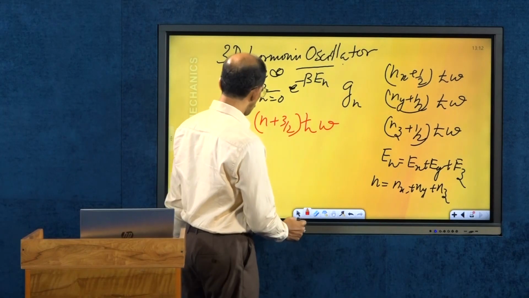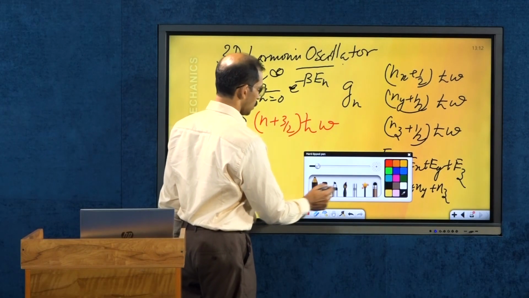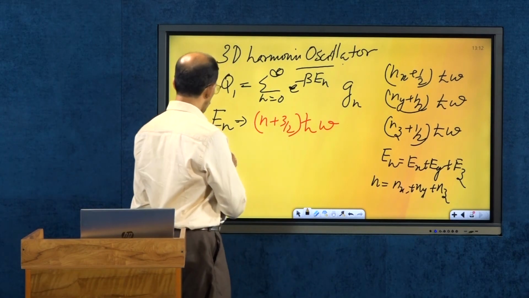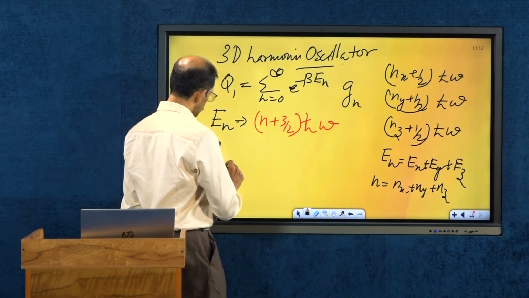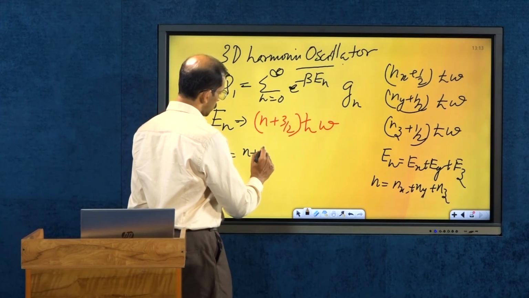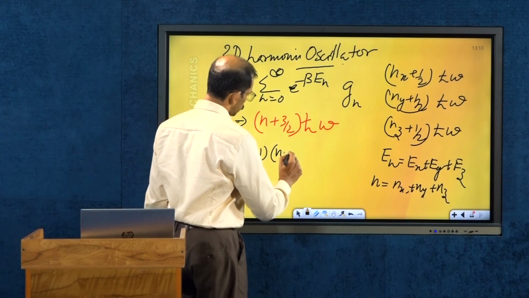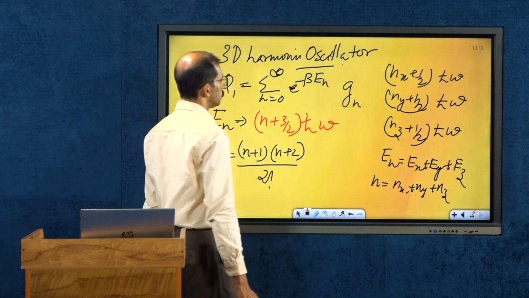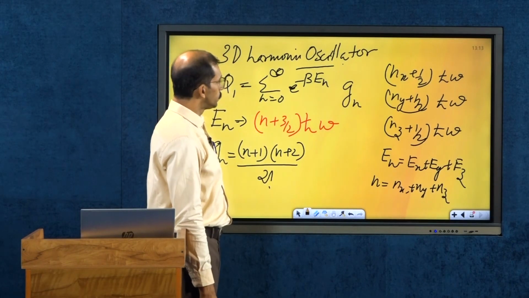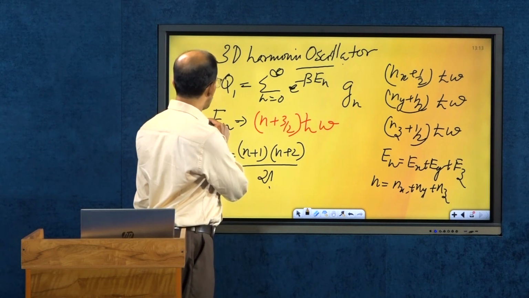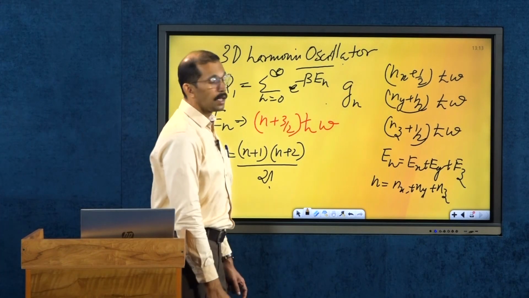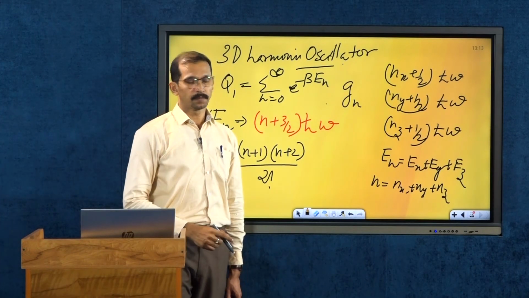Right? Now what is my next task? My next task should be to calculate the value of Gn, which I have already written as equal to n plus 1 into n plus 2 divided by 2 factorial. So what should I do now? I should substitute the value of En and the Gn into this expression and simplify this one, right?